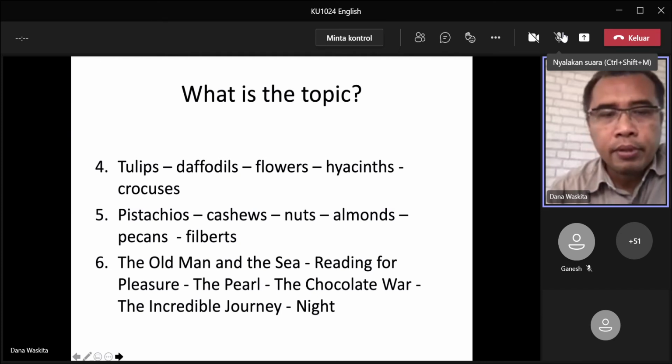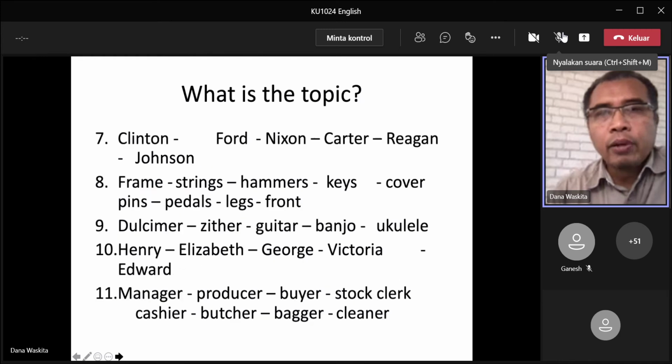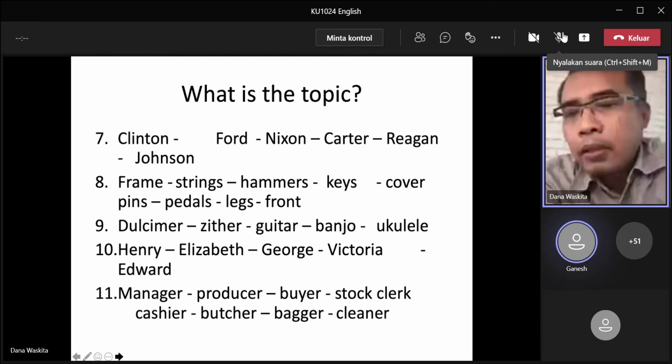Okay, now let's turn to the next one. What do you think number seven is? Surnames of the U.S. presidents. Sorry? It's the surnames of the former U.S. presidents, but not Biden there.